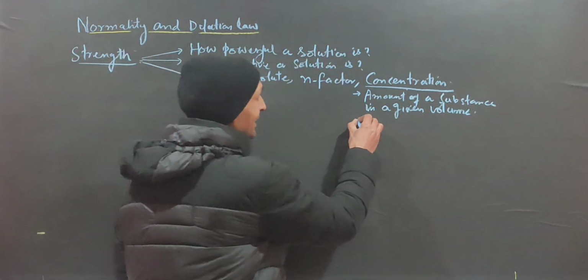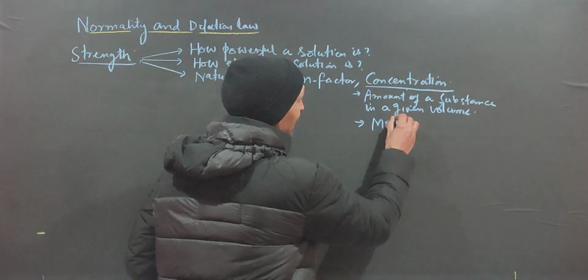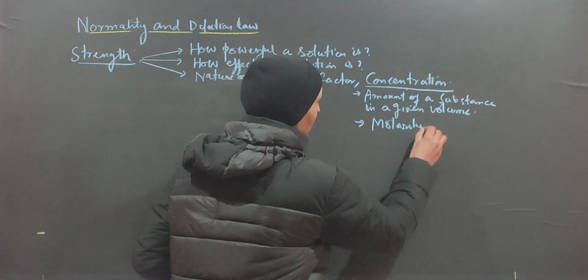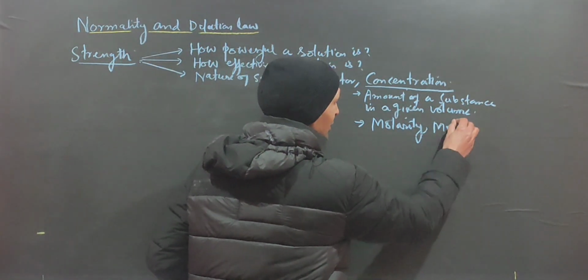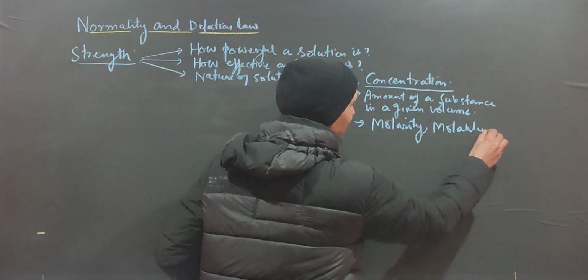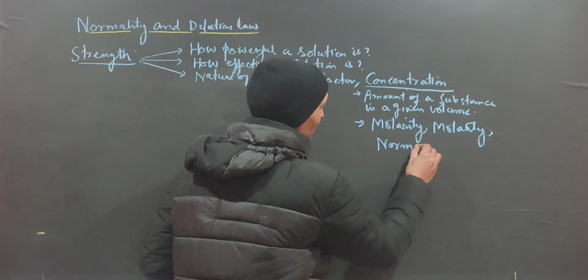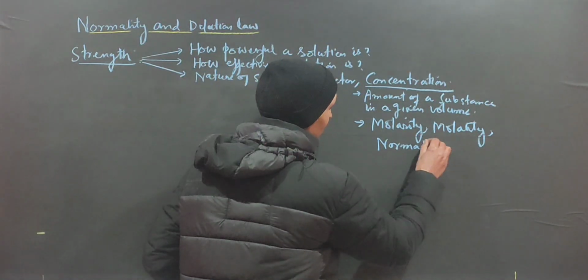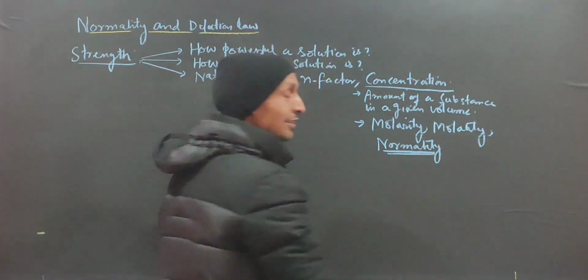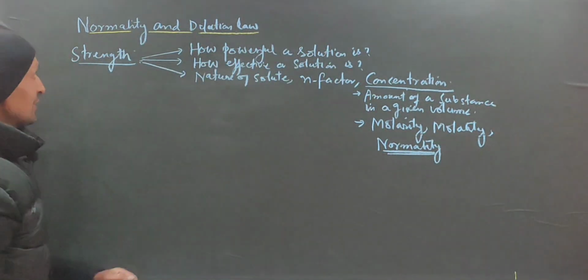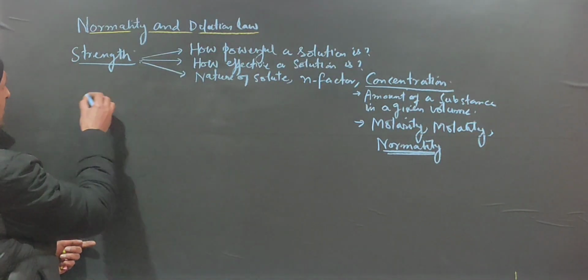And how to express this concentration? You have molarity, you have molality, and you have today's hero, that is normality. Got it? Now what is this normality? Let's go into it.